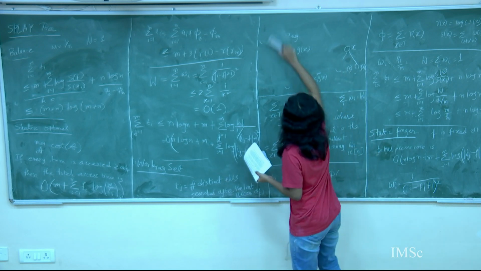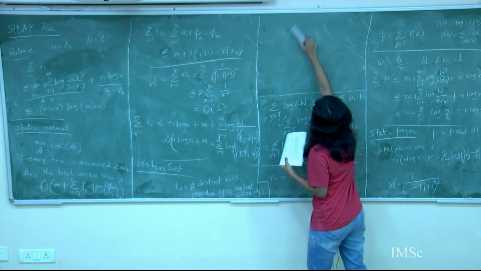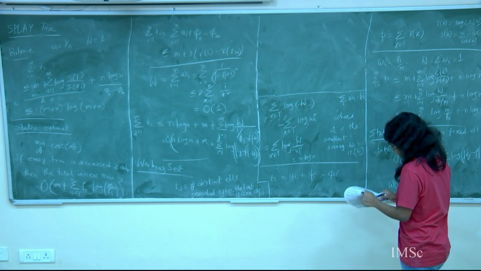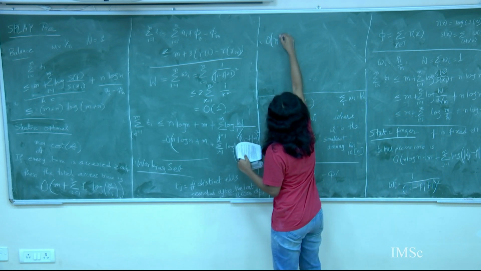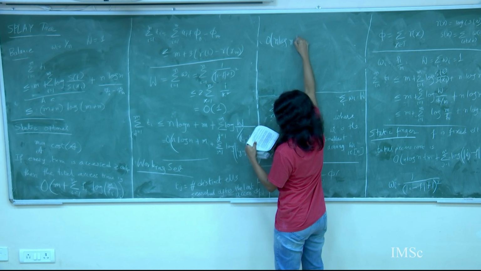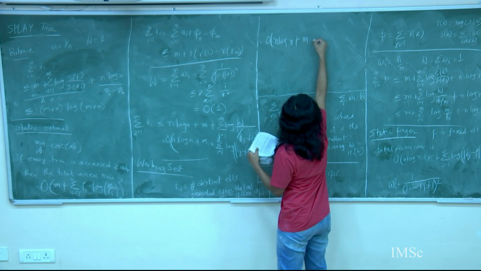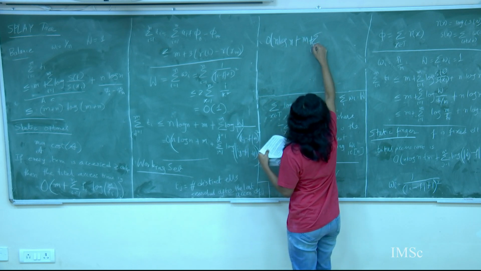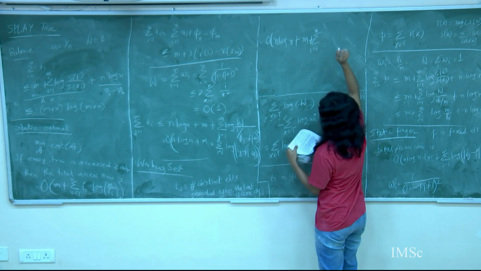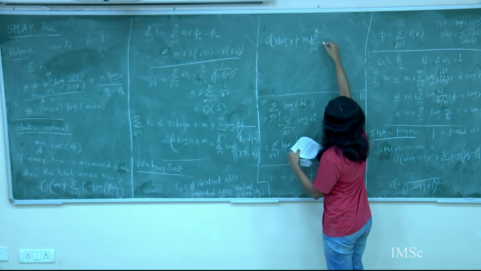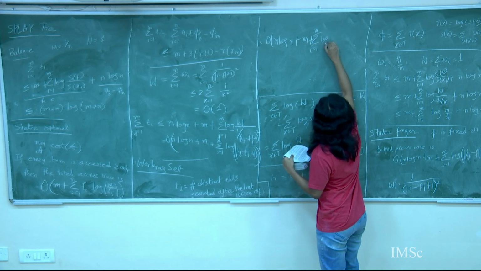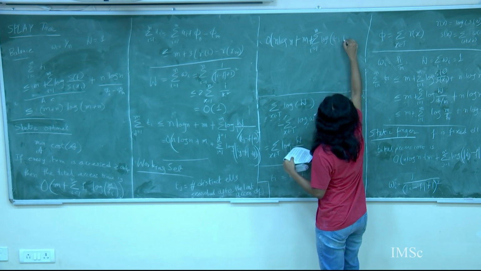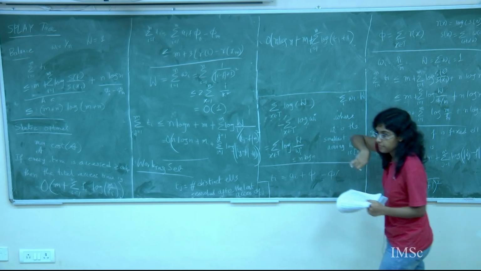So the bound is like this: order of n log n plus m plus the sum over i equals 1 to n of log of tj plus 1. Okay.